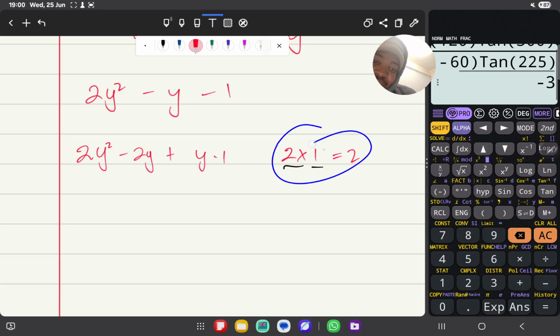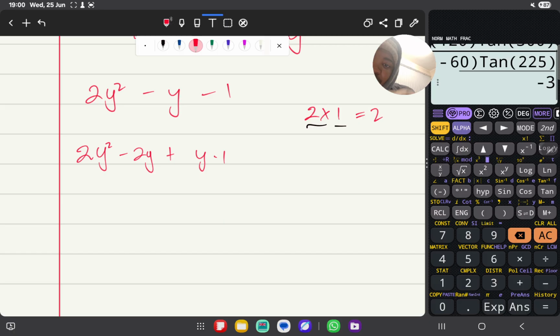Now from here, you can group these two. They call it factorization by grouping. You take the common factor, which is 2y, then you have y minus 1, then plus 1 into y minus 1.